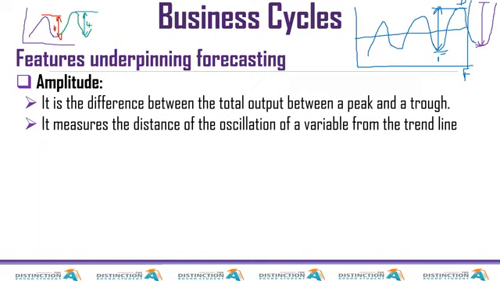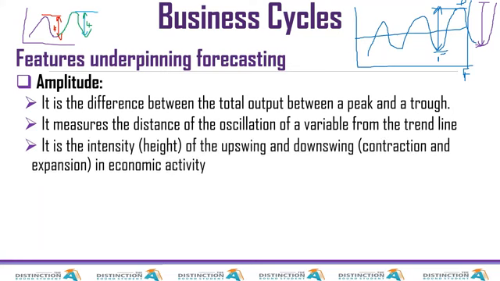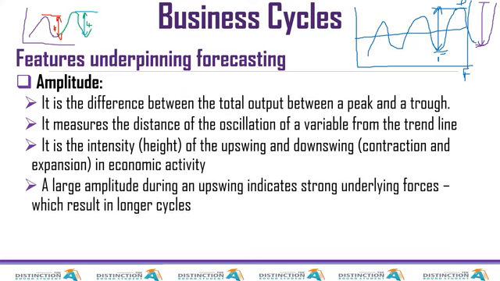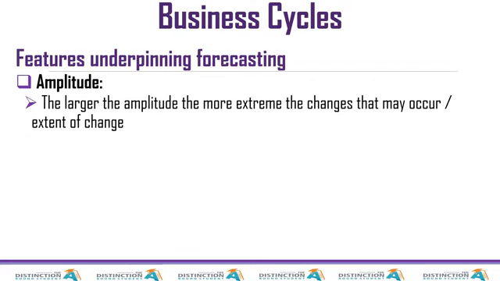It measures the distance of the oscillation of a variable from the trend line. It is the intensity, I've been saying this over and over again, of the upswing and downswing in the business, in economic activity, sorry. A large amplitude during an upswing indicates strong underlying forces which result in longer cycles.